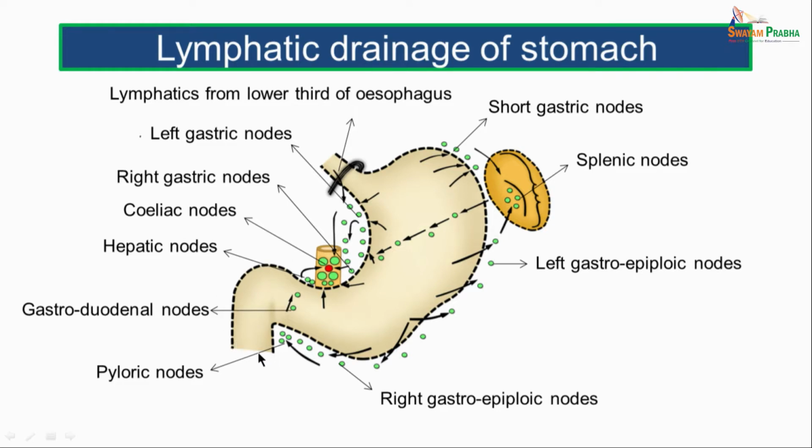The lymphatics which drain the duodenum do not intermingle with the lymphatics draining the stomach. That is the reason why carcinomas of the esophagus are commonly seen along with that of the stomach, whereas carcinomas of the duodenum are not seen along with that of the stomach.